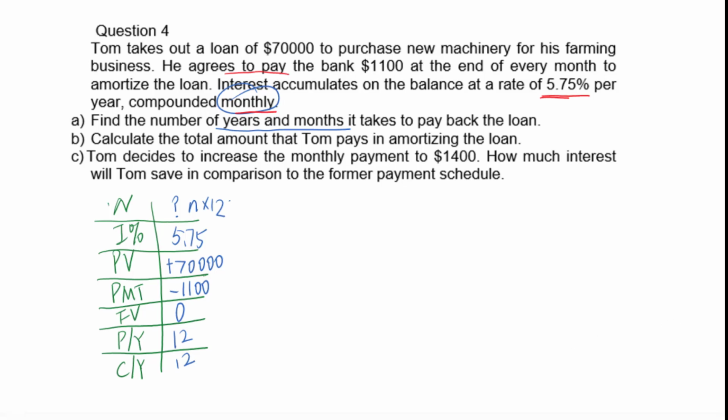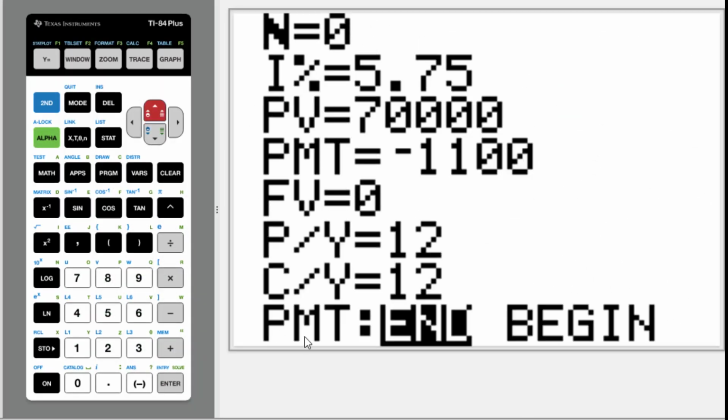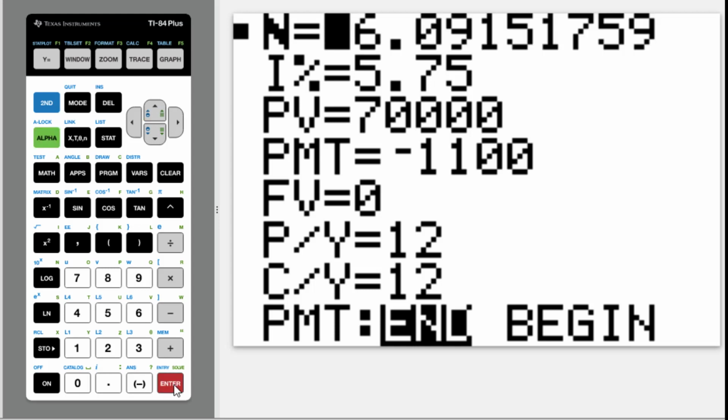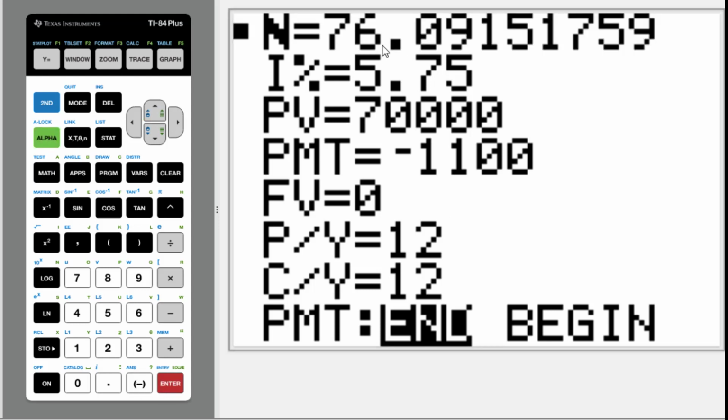Let's go to the calculator. So we put this value in, then alpha enter. N will be 76.091517. Remember, we need to divide it by 12 to figure out the years.